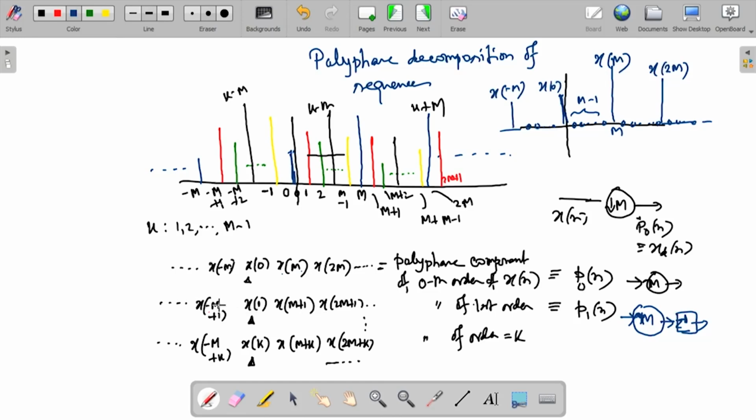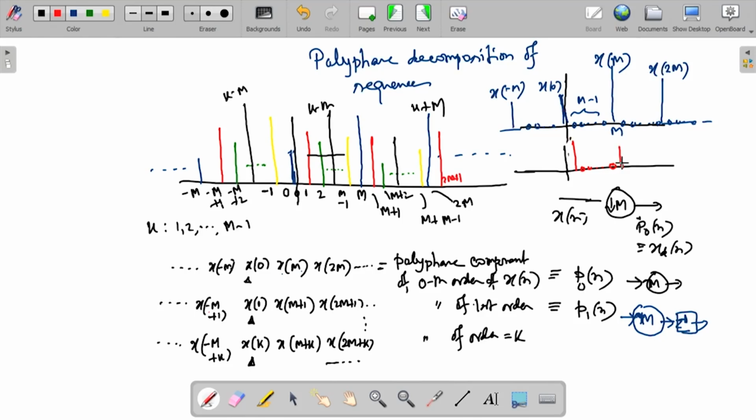Then if you push it to the right by 1, x[1] will come here, x[1]. Then there will be zeros because already expanded. At the Mth position also 0.